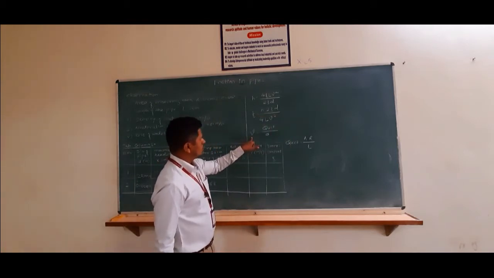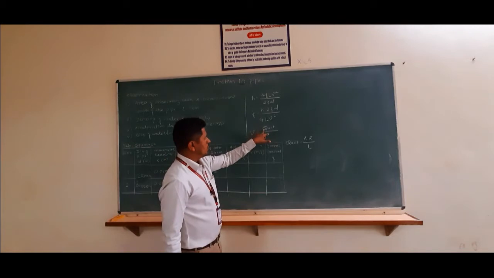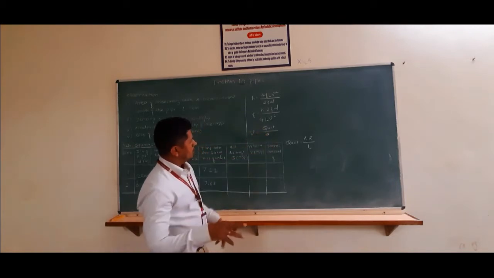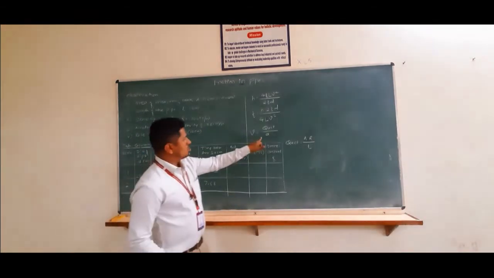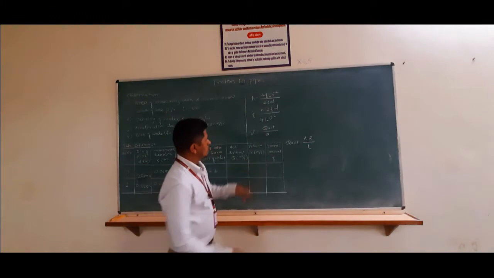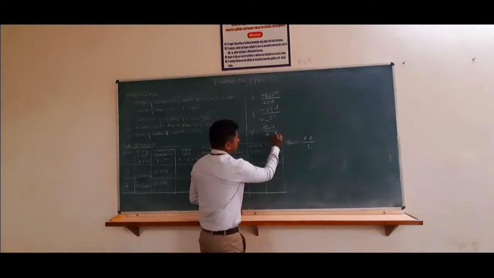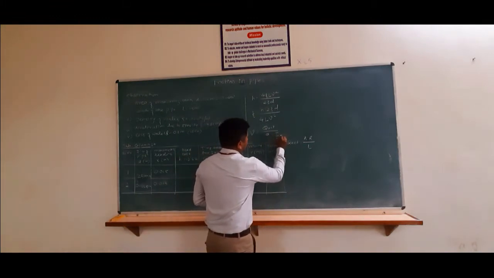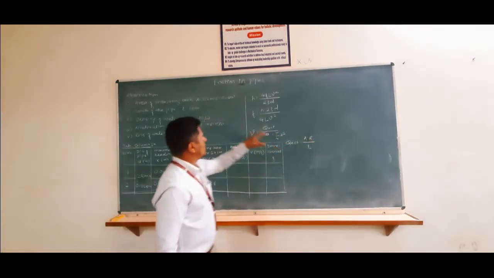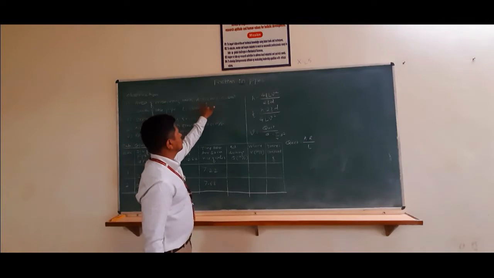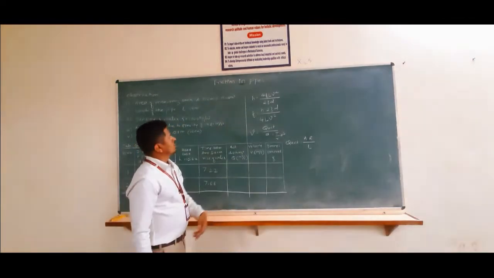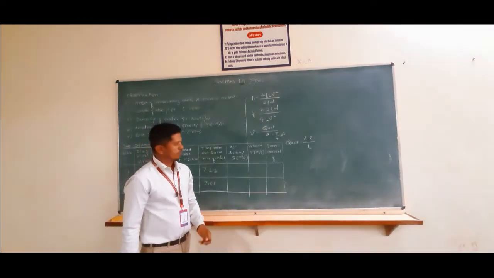The velocity we are going to calculate is Q actual divided by area. Here you will be having two areas, one is small a and one is capital A. The small a belongs to the cross sectional area of the pipe, that is pi by 4 d square, and the capital A belongs to the area of the measuring tank, that is 0.2 into 0.3, that is equal to 0.06 meter square.